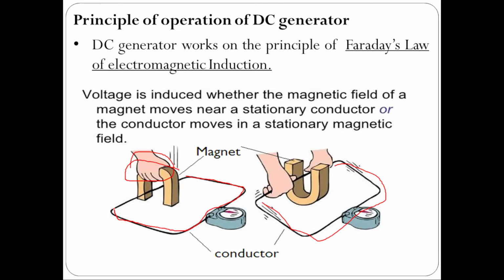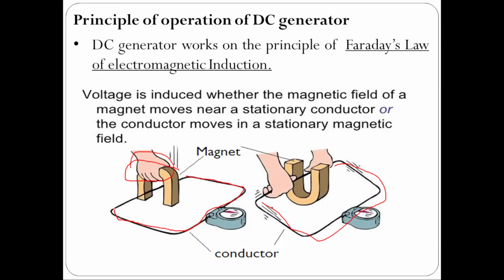This is the induced flux. If you carefully observe the direction of the flux lines, these flux lines are coming from this magnet. The actual flux line direction is this. So what about this direction?